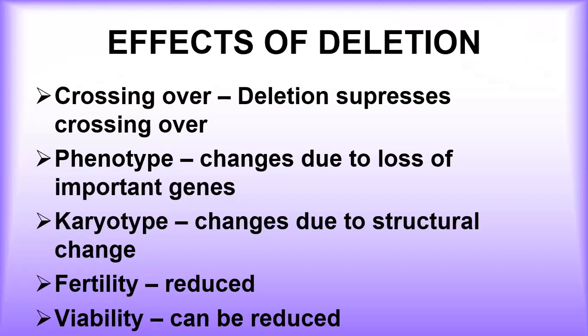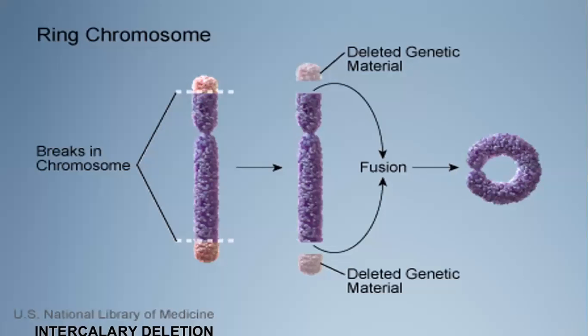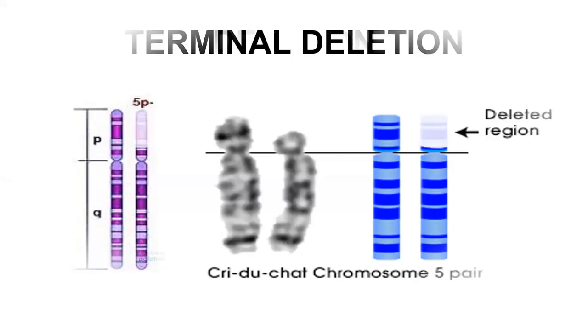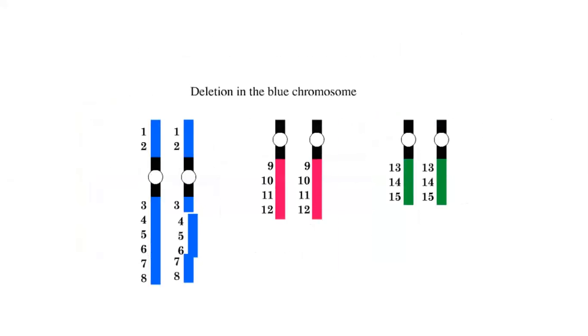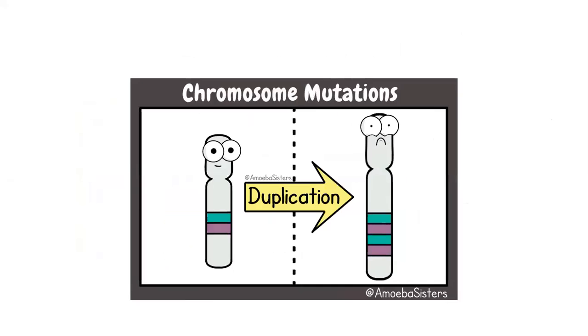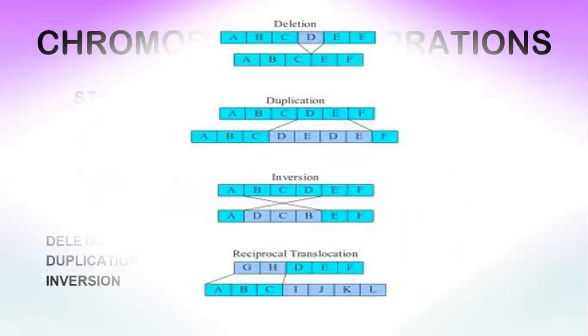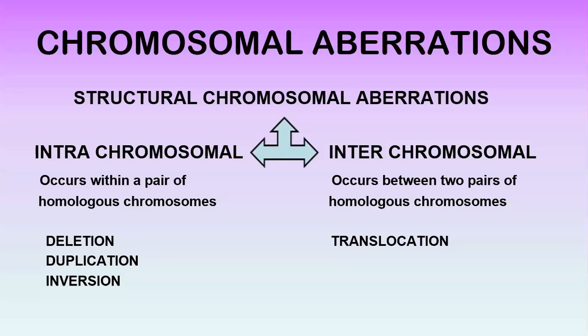Chapter number 1, Chromosomal Aberrations. We have studied 4 types: deletion, duplication, inversion, and translocation.